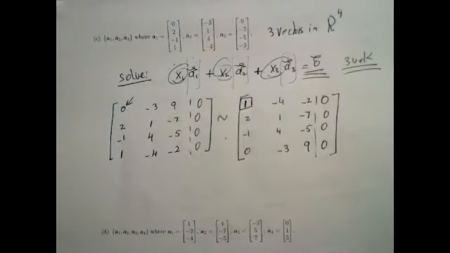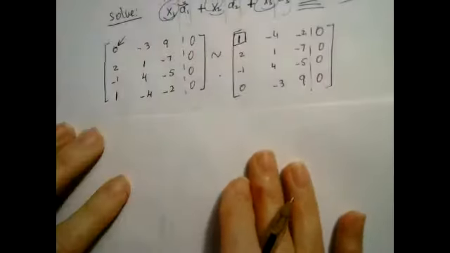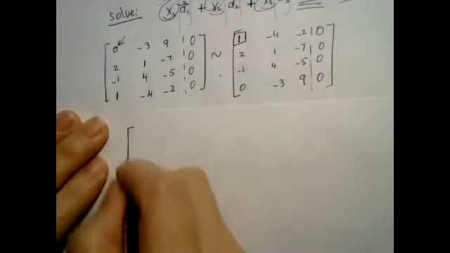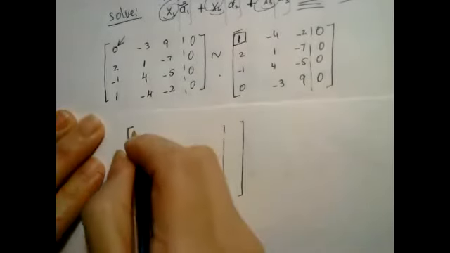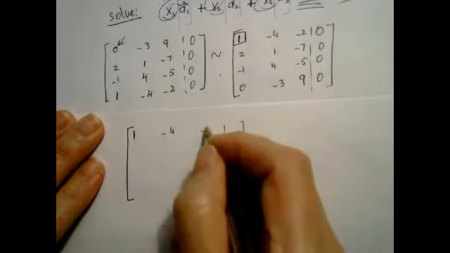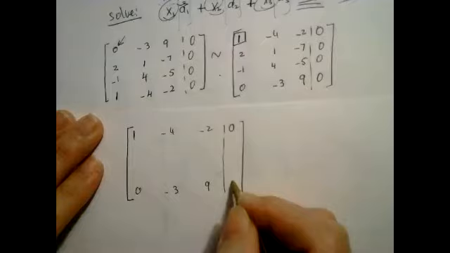And now I need to make everything below my leading 1 into 0s. So definitely I need another piece of paper here. So I'm going to need 2 operations. So 1, minus 4, minus 2, 0. This is safe, it's guaranteed.